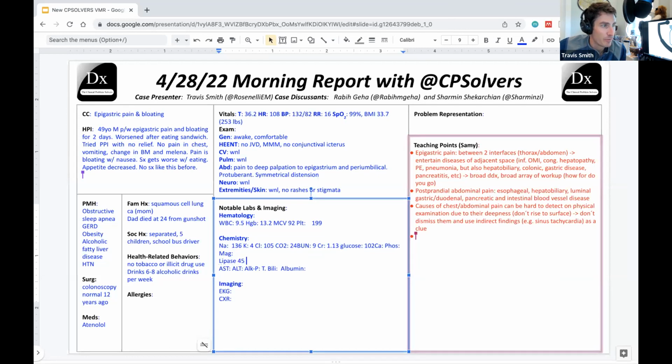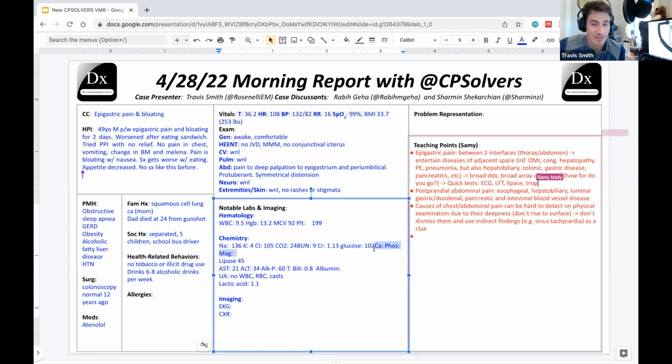ALT was 34, normal. AST was 21, normal. Total bili, 0.8. Alk Phos was 60 and normal. A urinalysis was obtained, no white blood cells, no red blood cells, no casts, and a lactic acid was 1.1 and normal. So these are all the labs.